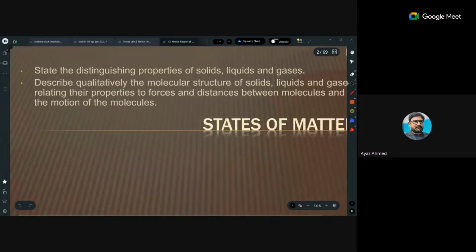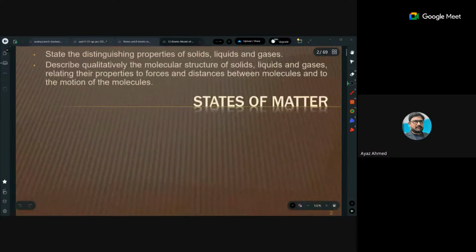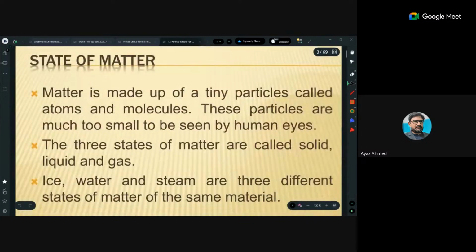So in this one, first of all, when we discuss the states of matter, usually matter exists in three states. Although people say there are four states, yes, I believe there are four with plasma, but usually there are three states: solids, liquids, and gases, and they are interconvertible and have different properties.